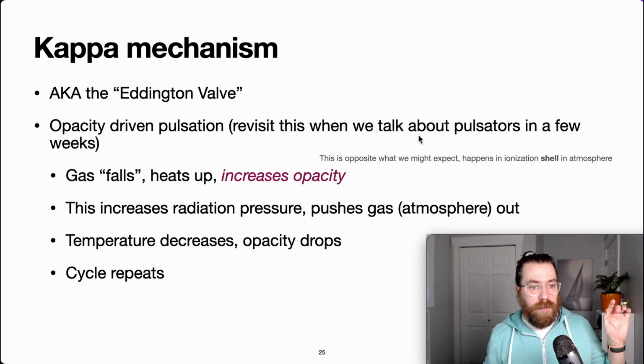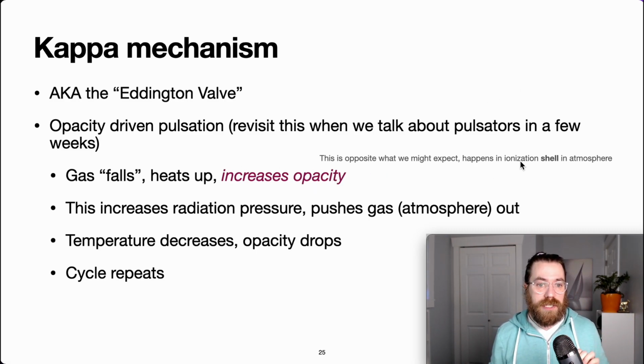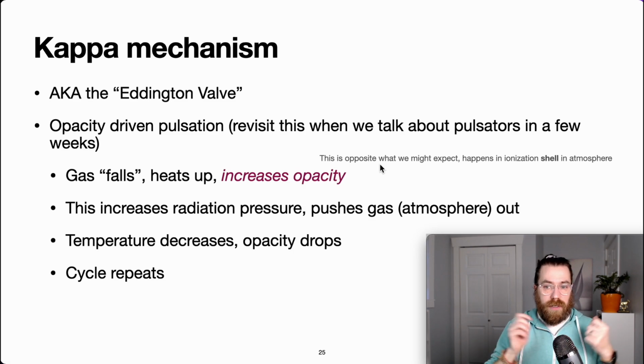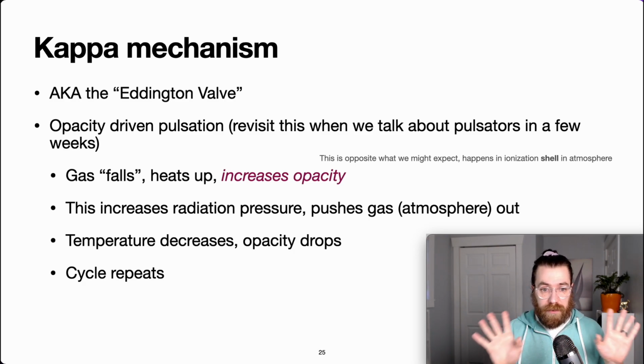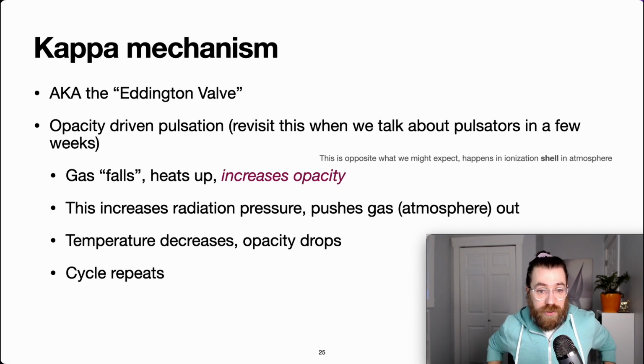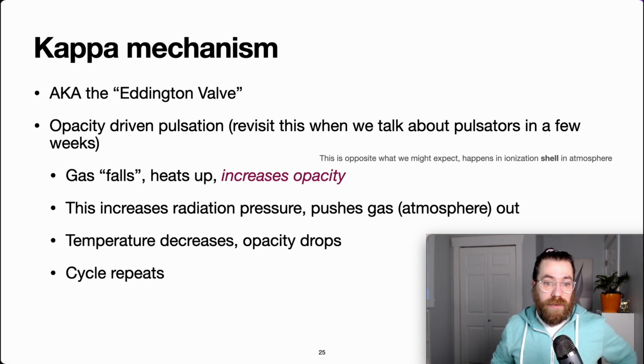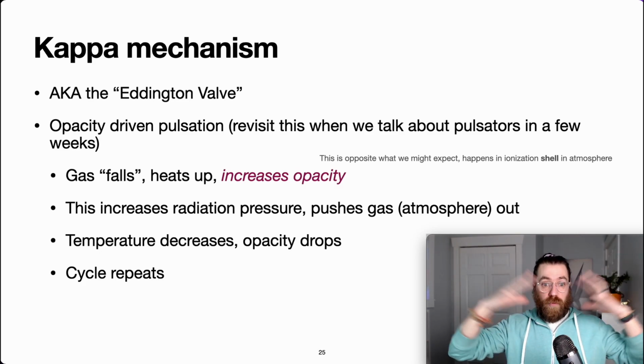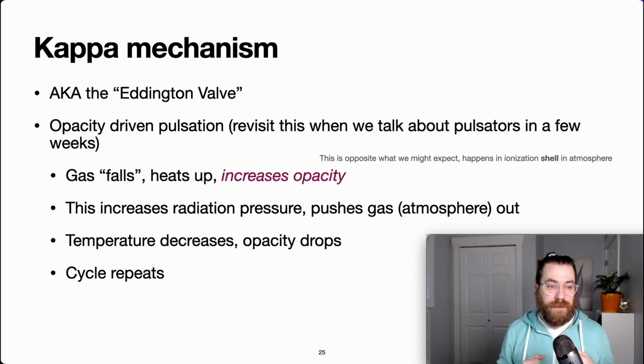Now this is a little backwards, as I've indicated here, from what you might expect. As you increase the temperature, you would think that the opacity would decrease, as it does for regular run-of-the-mill neutral hydrogen. You increase the temperature and its ability to scatter photons decreases, but this is why the sun doesn't pulsate radially like a balloon being inflated and deflated.